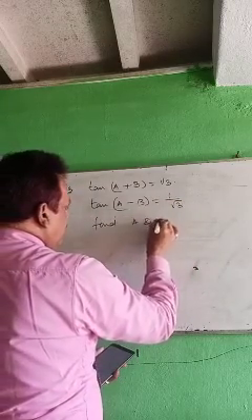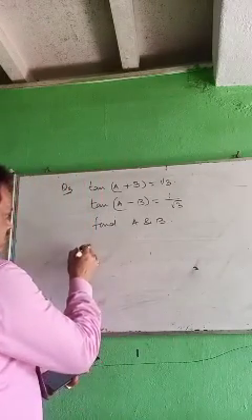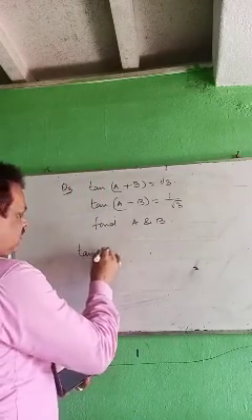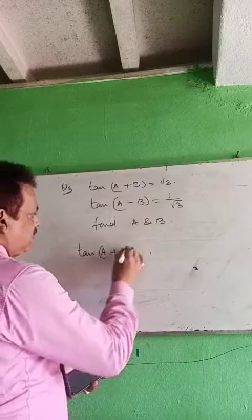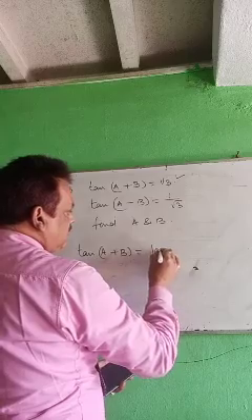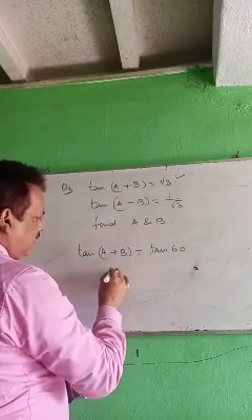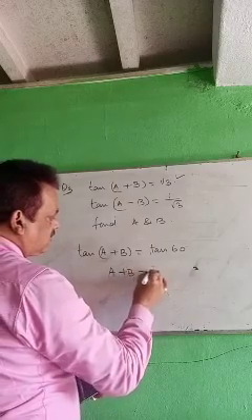Find A and B. Tan(A plus B) equals root 3. Root 3 means tan 60 degree. So tan cancelled. A plus B equals 60 degree.